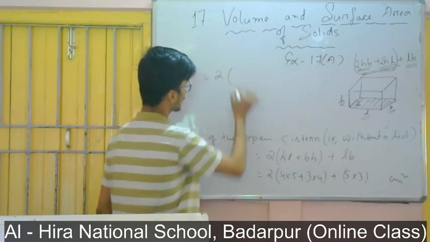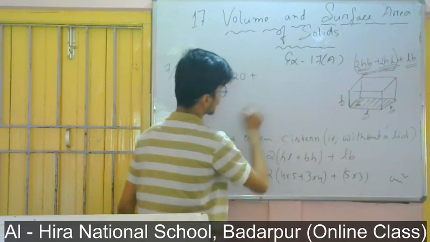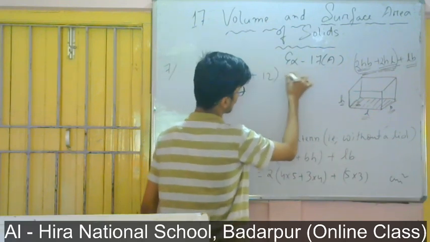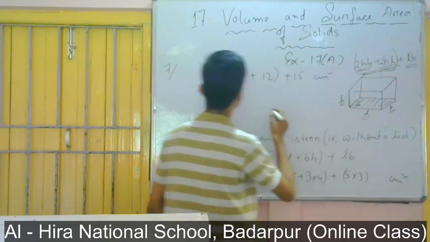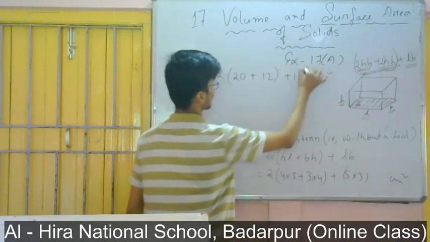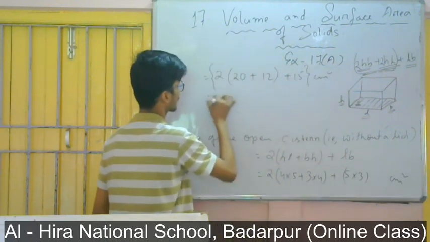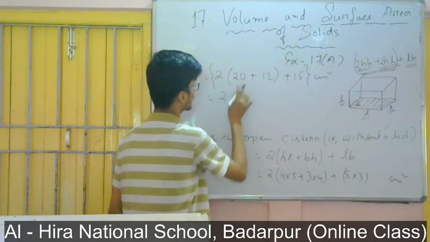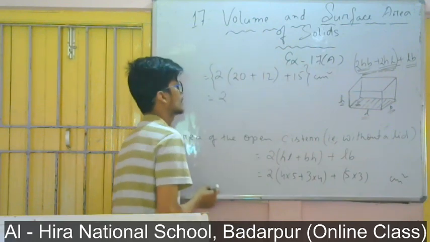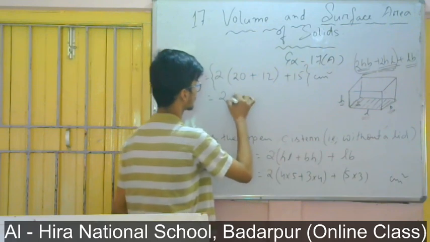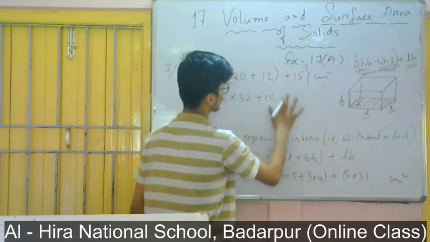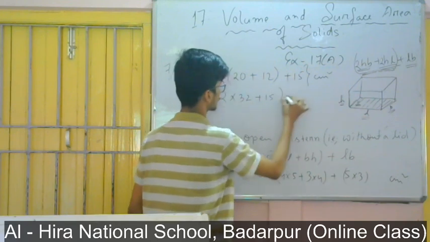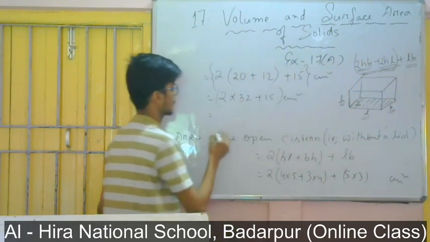Two into 4 5s are 20 plus 3 4s are 12 plus and 5 3s are 15 centimeter square. Okay, if you want you can do like this. So 2 into 20 plus 12, it is 32 plus 15 centimeter square.